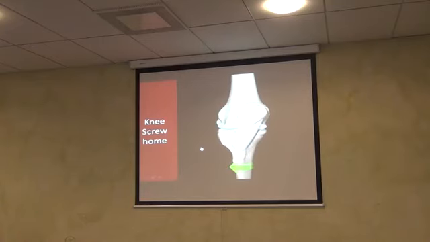In extension, the tibia rotates externally. And in this moment, we need the strength of the vastus medialis to keep the patella in place.